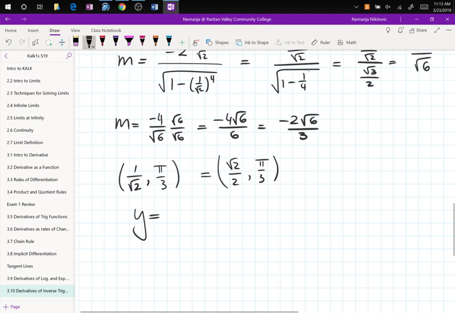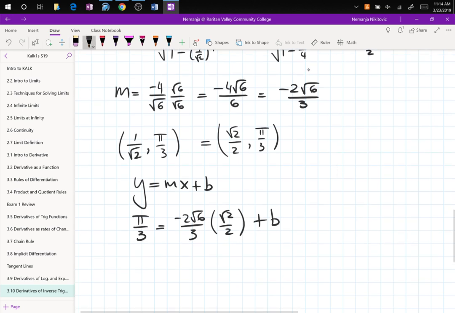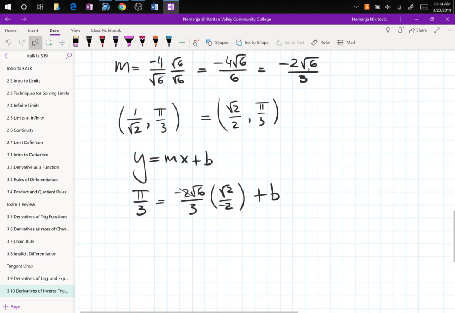So now y equals mx plus b. Plug in y, pi over 3. Plug in m, negative 2 root 6 over 3. Plug in x, which is root 2 over 2, plus b. These 2's cancel. So we have pi over 3 plus square root of 12 over 3 equals b.